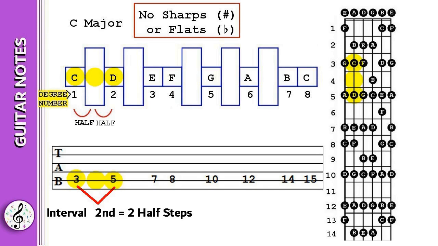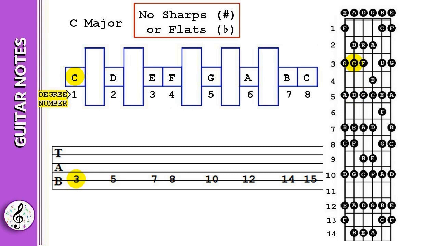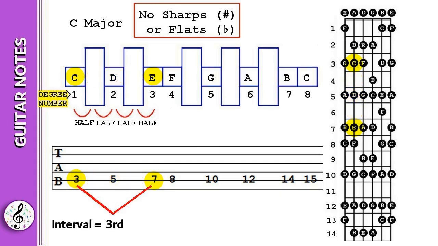And that's equal to 2 frets on your guitar. If we look at C to E, that is an interval that's called a third. So going from the C, we have 1, 2, 3, 4. We have 4 half steps, or 2 whole steps, which is equal to 4 frets on the guitar.